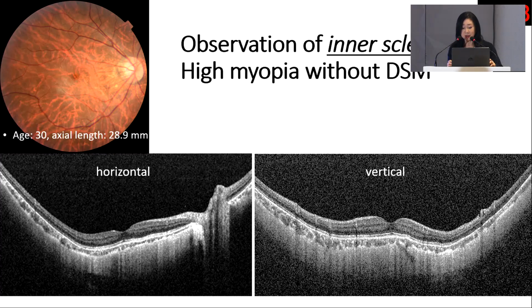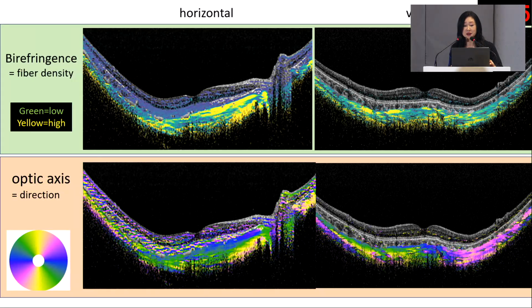I will show you an example of highly myopic eyes without pathologic myopia. In highly myopic eyes without pathologic myopia, only the inner sclera is seen with OCT. These are PS-OCT images. The top panel shows birefringence, which means the density of fibers.